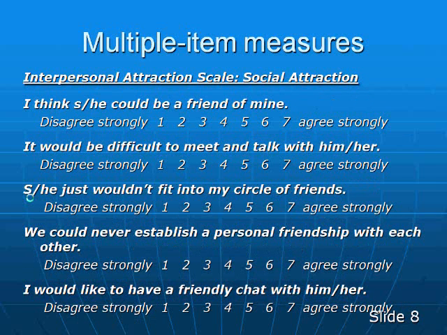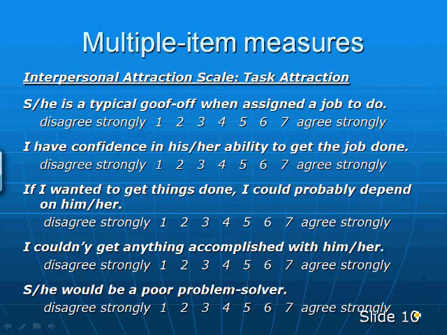We typically average the responses on each of these dimensions. So for example, if somebody circles 5 here, then 2 and 2 and 6 here, and let's say 5 here, you would average the responses in all of these 5 items, and that would give you 4.